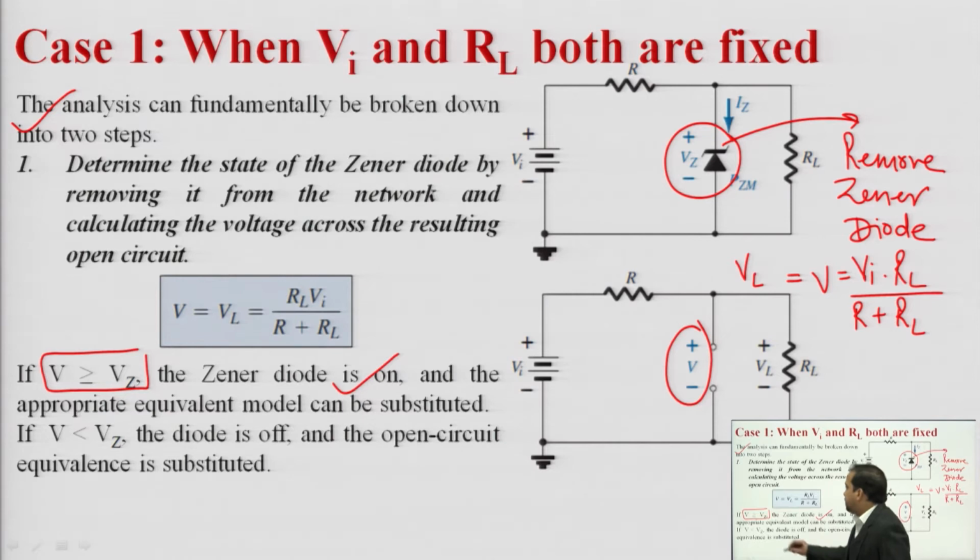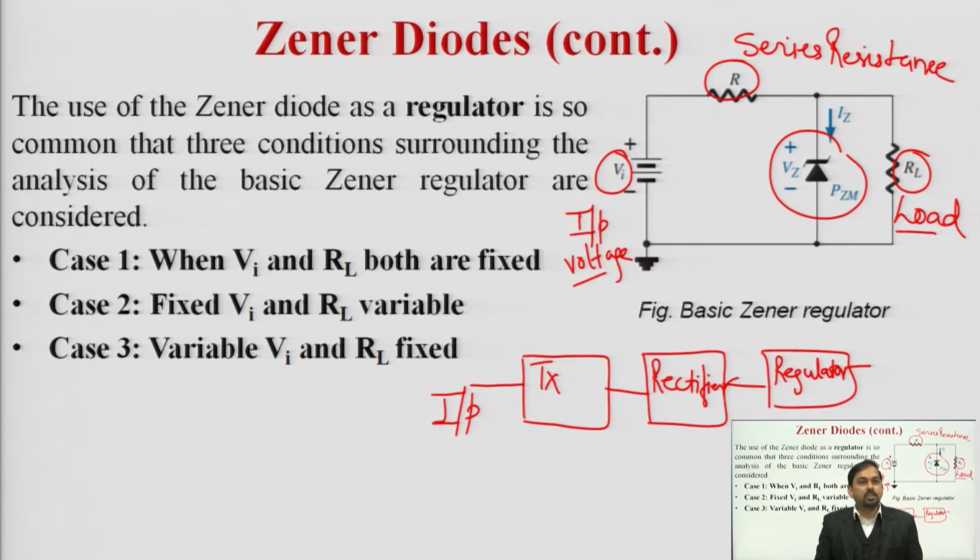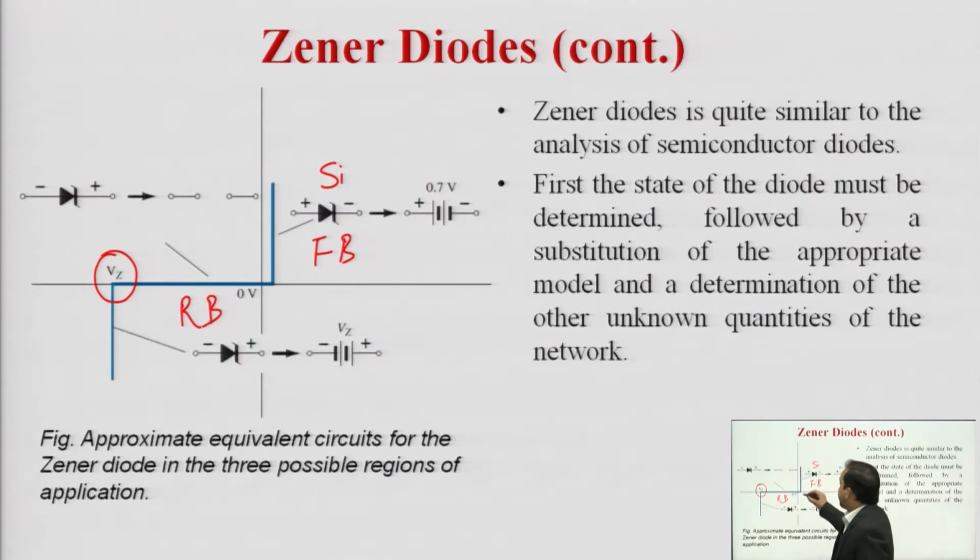If V is less than Vz, the diode is supposed to be off, and basically we are working in this particular region, where the quality of this region is that current is 0. Current is 0, that signifies that the circuit is open.